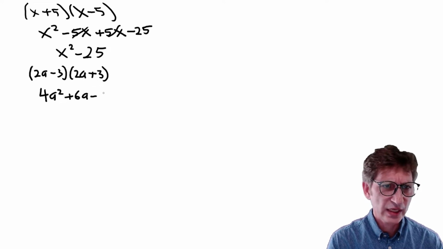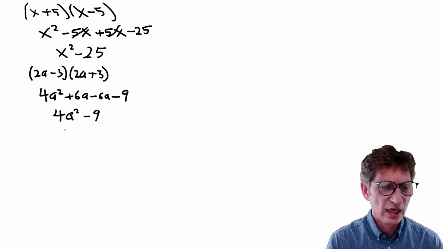Inner terms, negative 3 times 2a, negative 6a. And the last terms, negative 3 times positive 3 is negative 9. Once again, we have a situation here where our two middle terms cancel out, 6a minus 6a, leaving us with 4a squared minus 9.